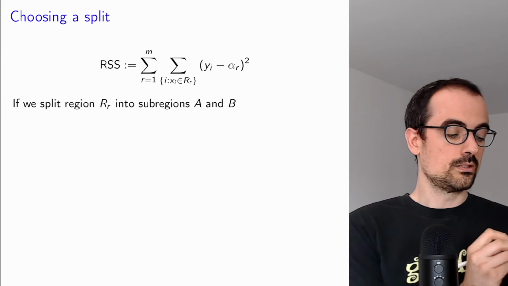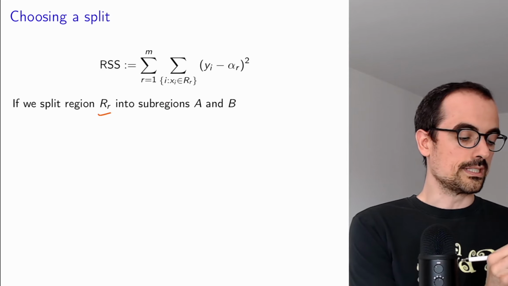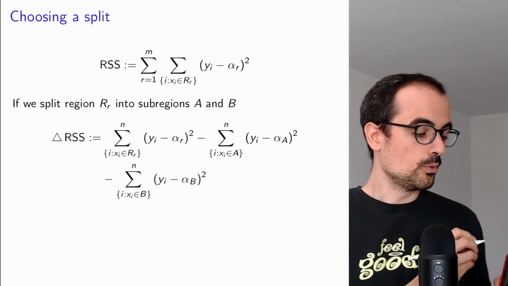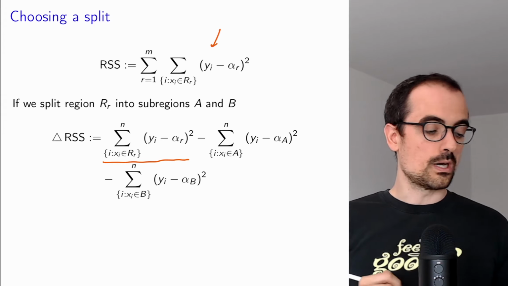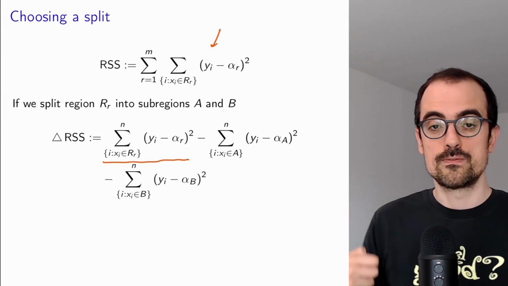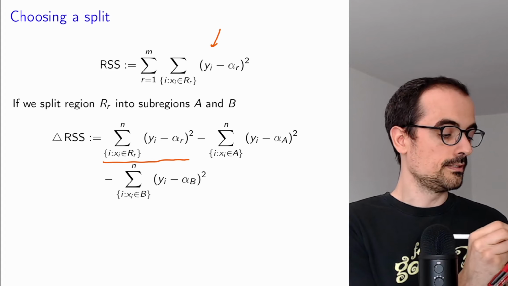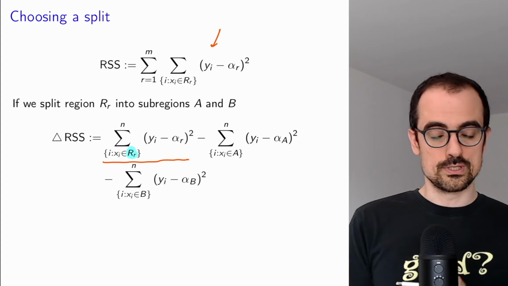If we split the region R into the subregions A and B, what's going to happen is that we used to have this term within here, which was the difference between the response for the feature vectors that end up in this region R. This is what was in the previous residual sum of squares.